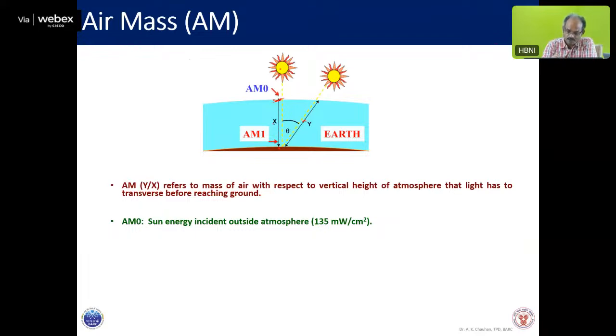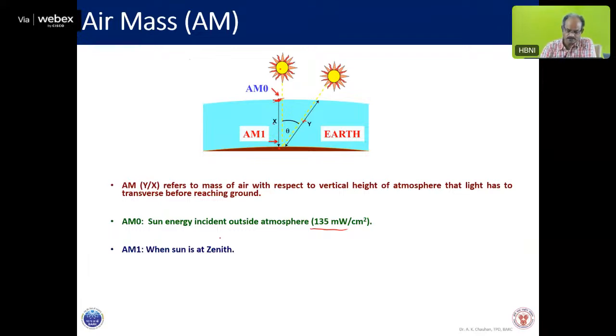AM0 is when you are sitting here and absolutely no air mass is involved. So this is outside the atmosphere. As I said in the earlier slide, it is nearly 135 milliwatt per centimeter square or 1,350 watt per meter square.